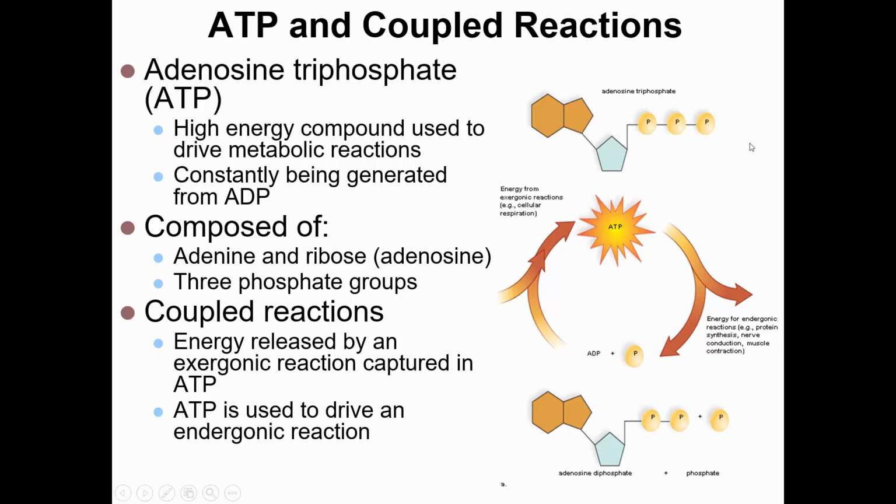And so this is essentially how the cell works. We are constantly breaking down food that comes into the body in the process of cellular respiration, and this is an exergonic reaction. That energy is used to take ADP to ATP, and then ATP is broken down into ADP, and that energy is used to drive all the reactions that occur within the cell.